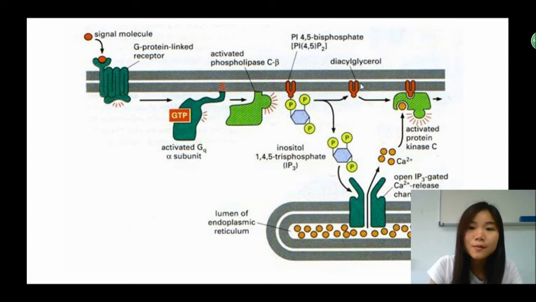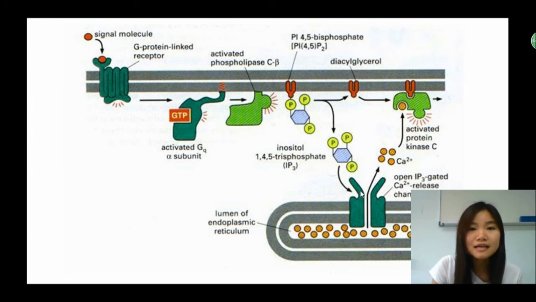The diacylglycerol will remain on the cell membrane and then activate the protein kinase C. On the other hand, the inositol triphosphate will then diffuse into the cytosol and activate the IP3 receptor on the endoplasmic reticulum membrane, which is a particular calcium channel.